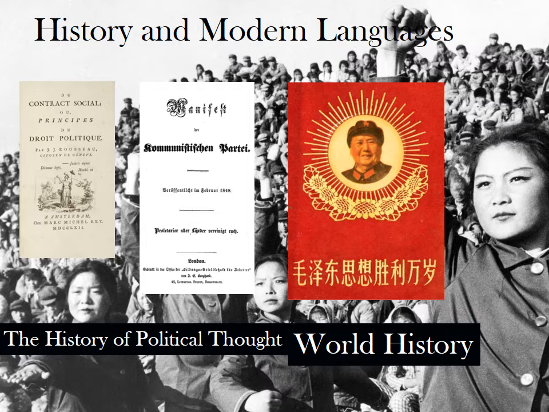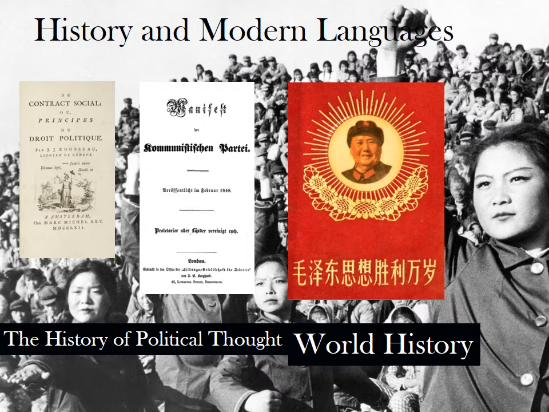So you will be looking as HML students at the ways in which non-Western, in this case Asian societies, have read, have reinterpreted, and have put into practice ideas about popular sovereignty, democracy, equality, as laid out on the far left in Rousseau's Du Contrat Social, or in the middle, Marx's Communist Manifesto.